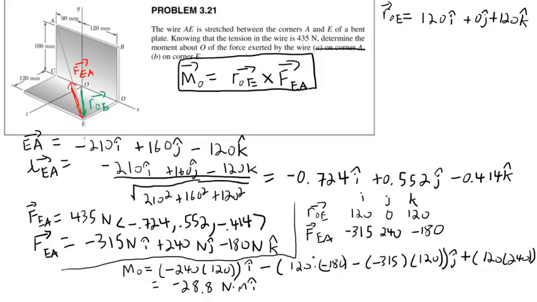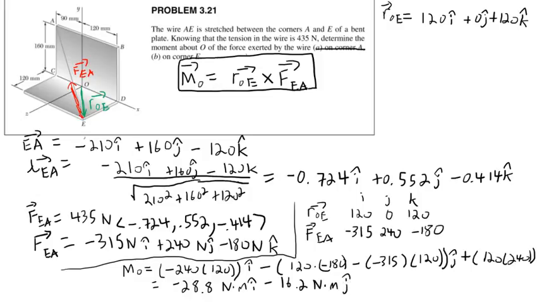Now 120 times negative 180 plus 315 times 120, all times negative 1, divided by 1,000, is minus 16.2 Newton meter j.